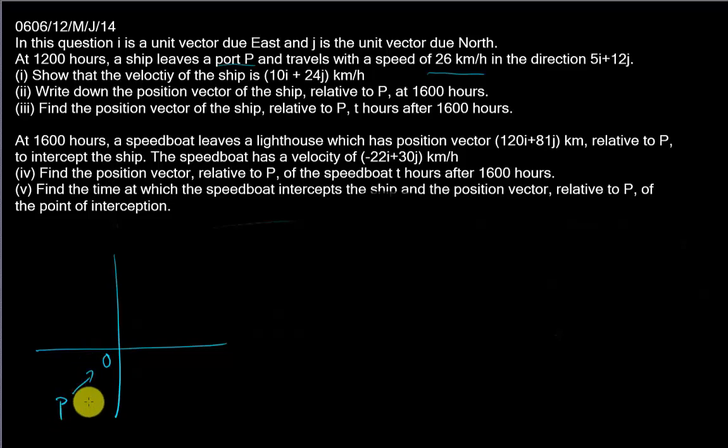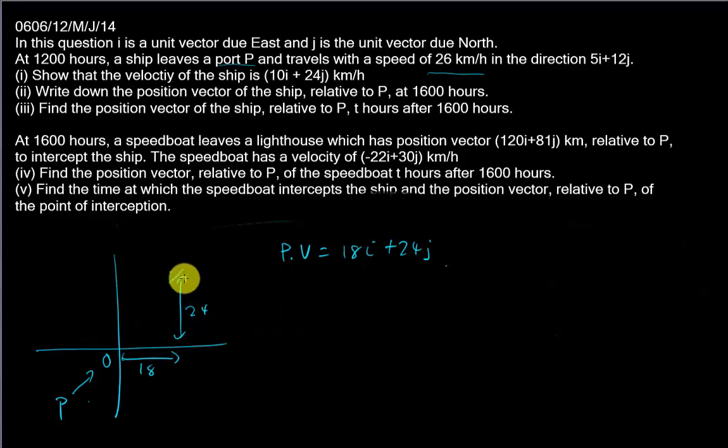So this one is P. If I say my position vector is, let's say, 18i plus 24j, that means I go 18 units from the origin and then 24 units over here from the origin also.